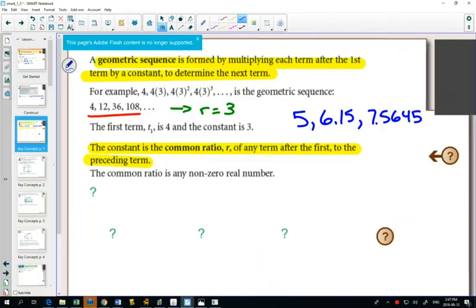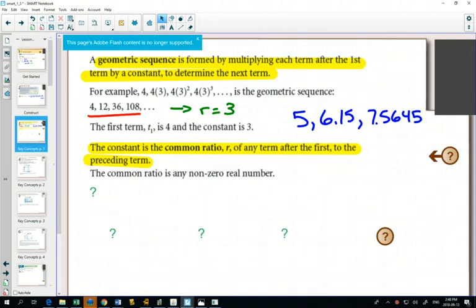Looking at that one, can you tell what I multiplied by? 1.3? Close. 1.4? Farther. So now you're just guessing, right? So how do we find out the common ratio?